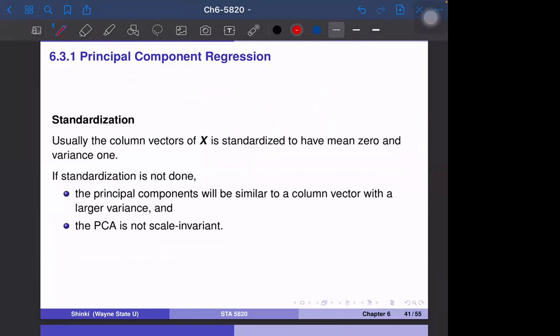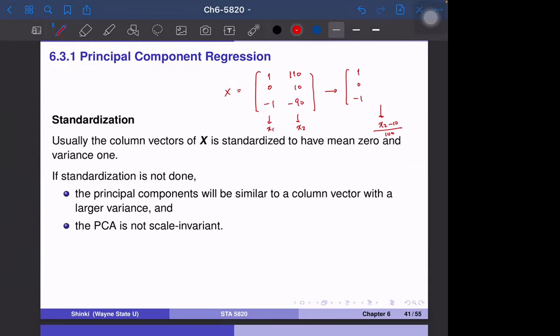And usually the column vectors of x are standardized to have mean 0 and variance 1. For example, suppose this is x1 and this is x2. x1 is maybe already standardized, like 1, 0, negative 1. But x2, say 110, 10 and negative 90, should be standardized to have mean 0 and variance 1. So this is shifted by 10 and divided by 100.